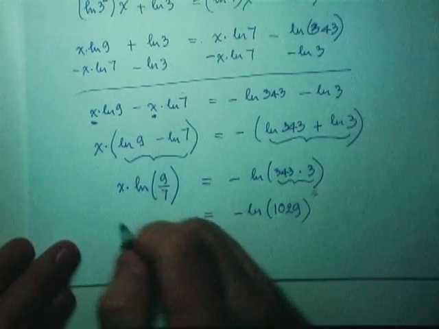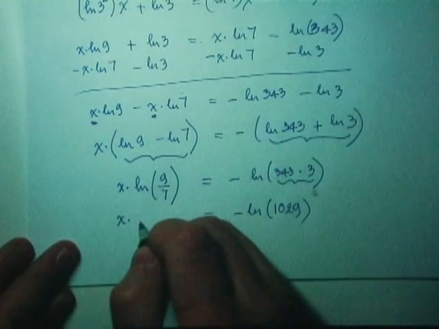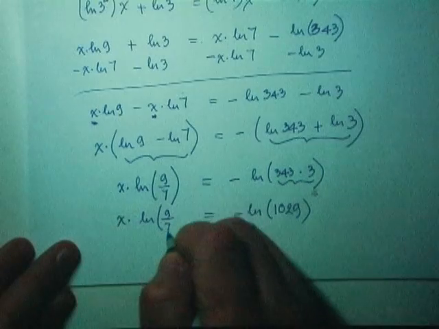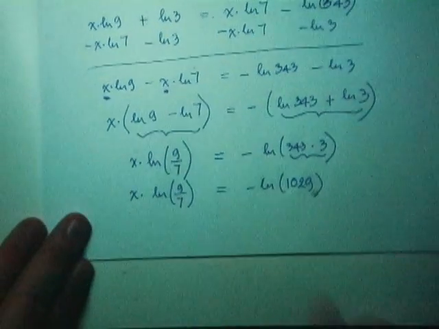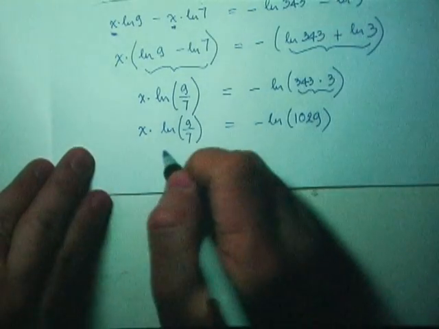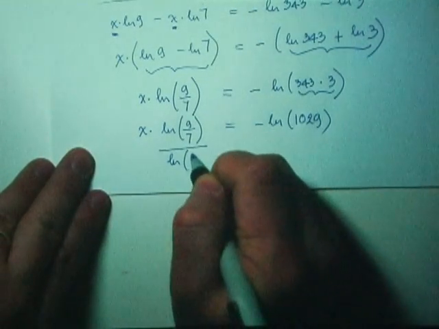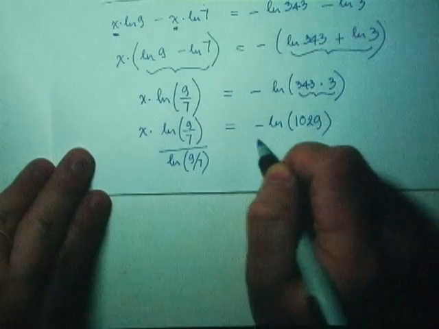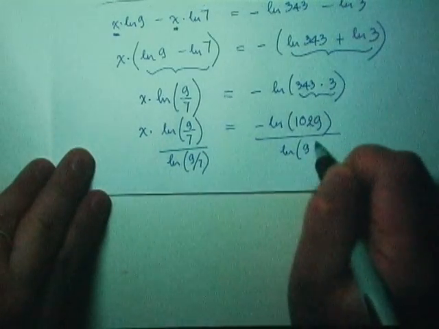Okay, so my current equation here is x times natural log of 9 over 7 equals minus natural log of 1029. So my last step here would be dividing both sides by natural log of 9 over 7.